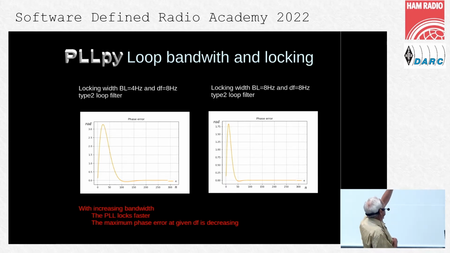On the left side with a 4 Hertz noise bandwidth, on the right side an 8 Hertz noise bandwidth. You see, if you increase the bandwidth, the PLL will lock faster. That's one thing. And the other thing, if you look at the maximum phase error, if you increase the bandwidth, the maximum phase error will decrease. It's almost linear.